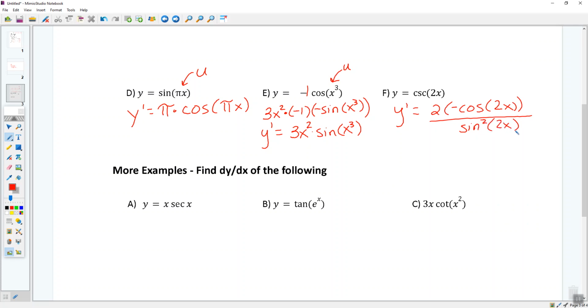Okay, now I'm probably going to rewrite that top. I may not leave it like that. I might do what here? Call it negative 2 times cosine.